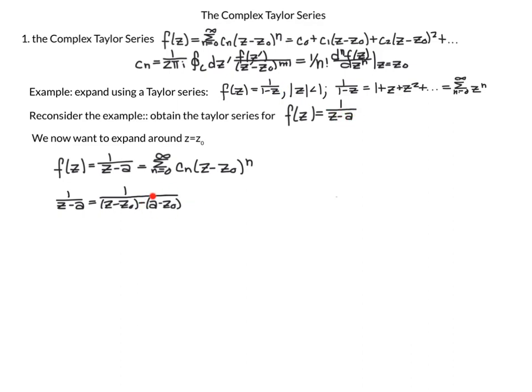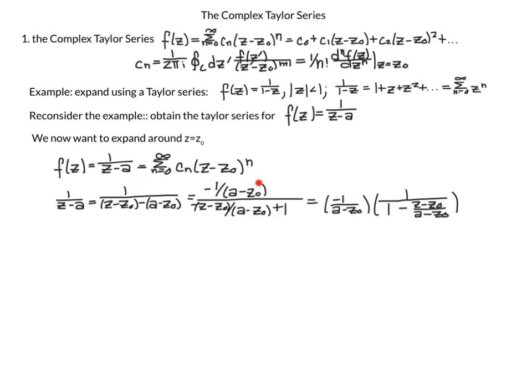So now over here, we're going to divide the entire numerator and denominator by negative a minus z naught, and that will give us a 1 in this position here. You can see here I've divided the numerator by minus a minus z naught, and then in the denominator, z minus z naught divided by negative a minus z naught. And then when I divide a minus z naught by negative a minus z naught, I get my positive 1.